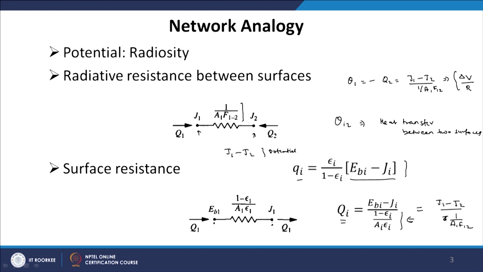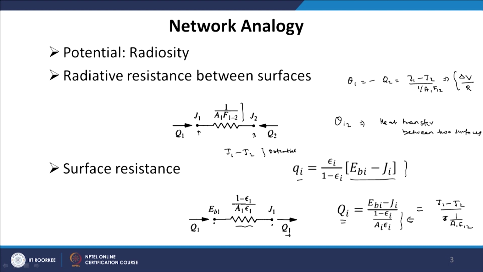EB1 is the black body emissive power, J1 is the radiosity. The resistance is (1 minus epsilon 1) upon A1 epsilon 1, this is called surface resistance, and Q1 is basically the current or the heat transfer.